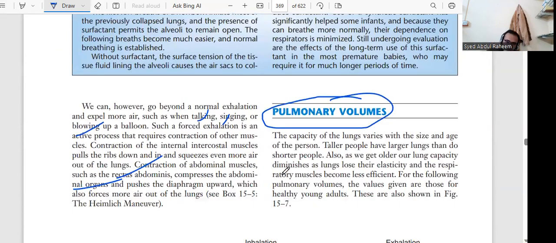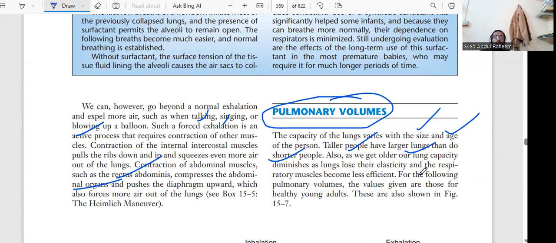Next is pulmonary volume, the capacity of lungs. Pulmonary volume means how much air enters into the lungs and how much air is exhaled from the lungs. It depends upon the size and the age of the person. Taller people have larger lungs, but shorter people have smaller lungs.